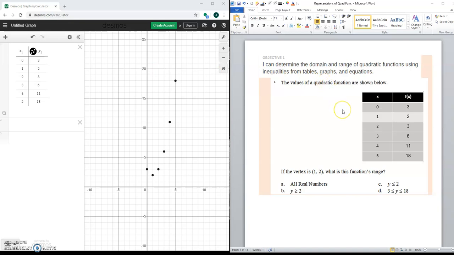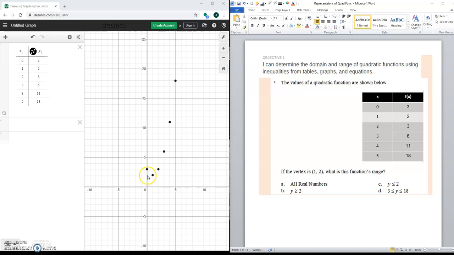It says, if the vertex is at (1, 2), what is the function's range? Y'all know we always start from the vertex. So that is your mark. And notice that I'm marking this way because range is y values. So we need that number, and that is 2.